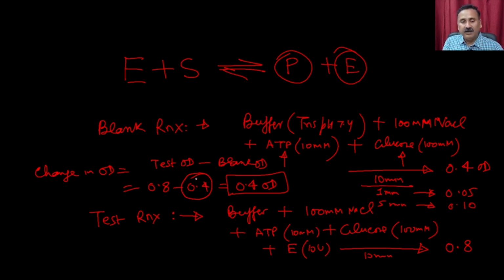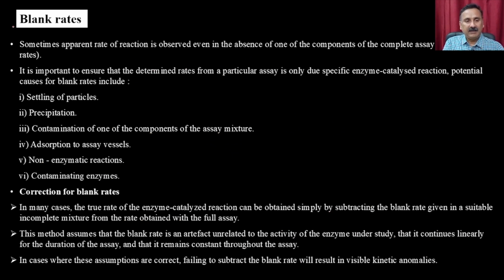This value is very important, because it is going to change your final values. And that's why the contribution of the blank reactions, or blank rates, is very important in enzyme assays. Sometimes an apparent rate of reaction is observed even in the absence of one of the components of the complete assay, and those are called blank rates.